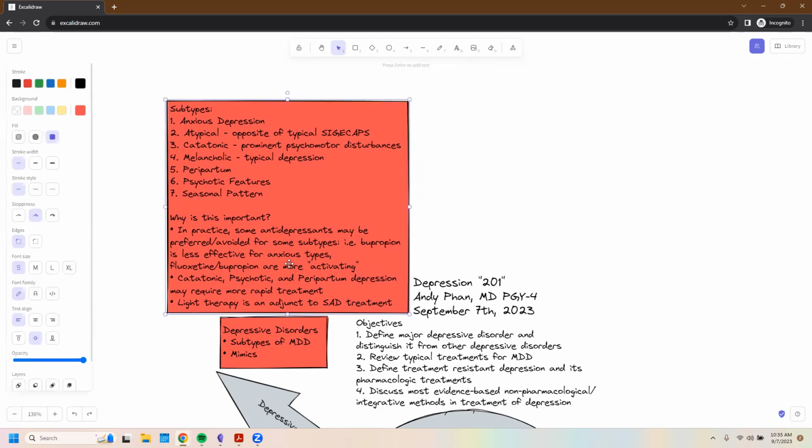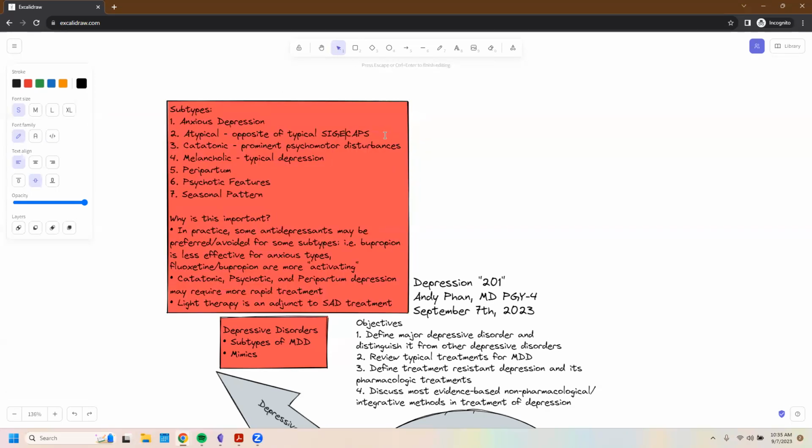The only interesting thing about identifying these subtypes is that if you have, say, atypical depression, with leaden paralysis, overeating issues, more psychomotor retardation, then some people like to pick bupropion, for example, because it's more activating and energizing. It has more of that norepinephrine adrenergic effect.